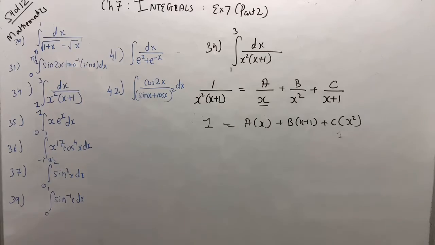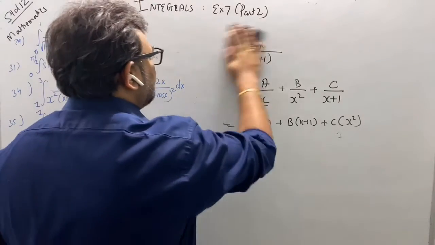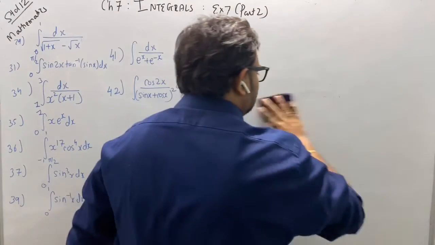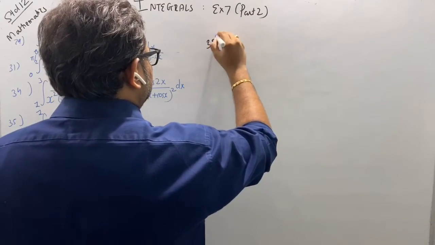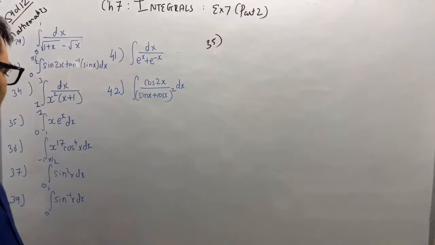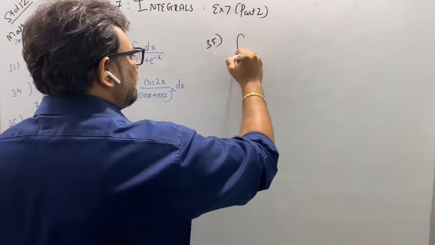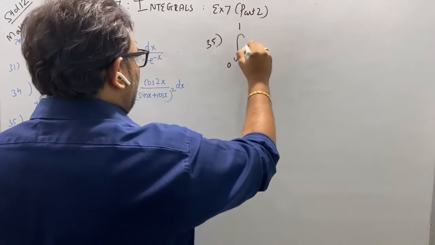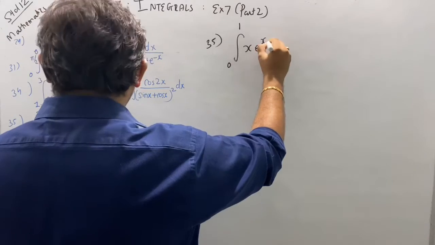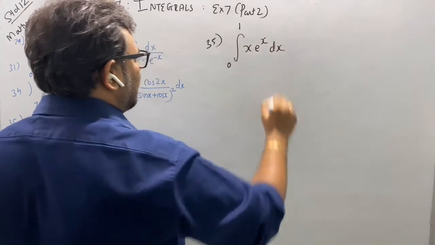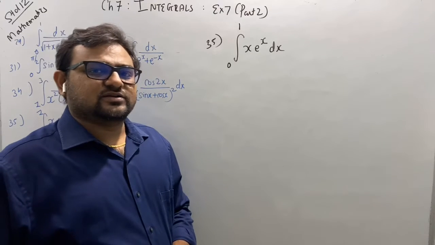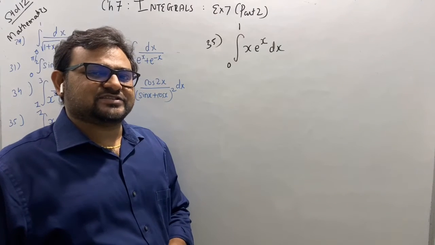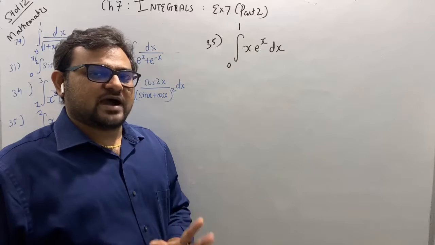Let's move to the next sum. Question number 35. Integral from 0 to 1 of x e raised to x dx. Okay, so it's an easy integration by parts.